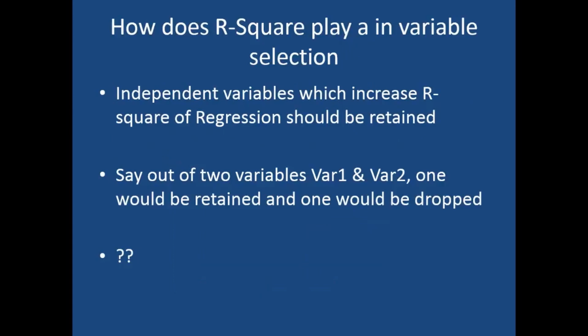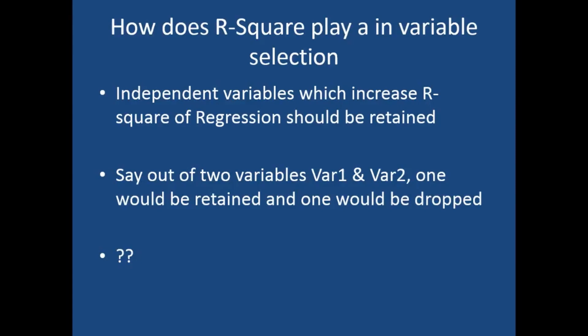You always add the independent variables which increase R square of regression, or in other words, any independent variable which increases the R square of regression model should be retained in the model. If a variable is not increasing it, and it's not very important, then you should think of dropping it. Not all the time, because maybe the variable is important for explaining the problem statement.